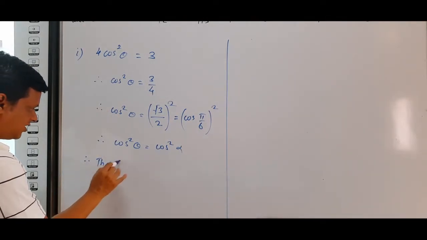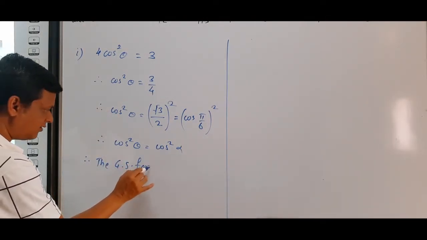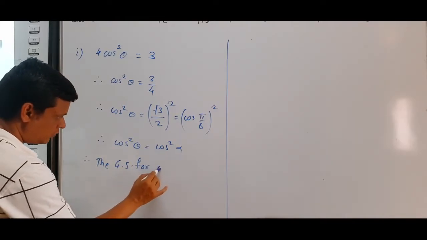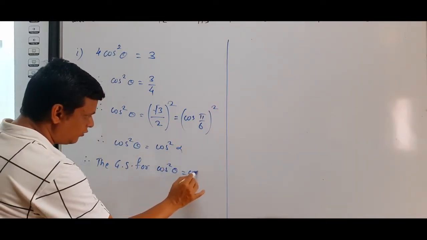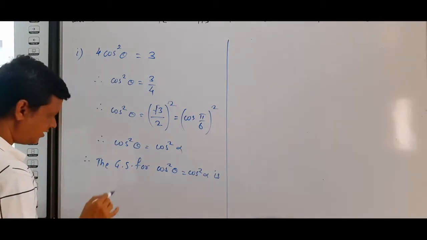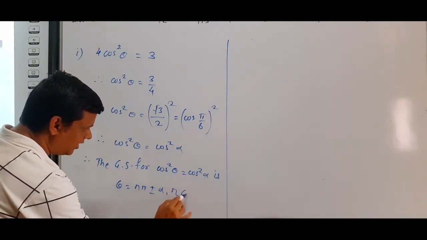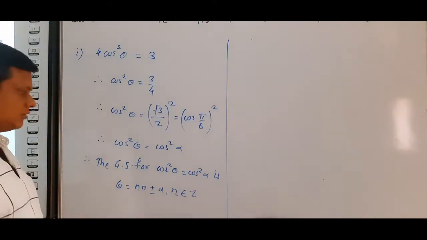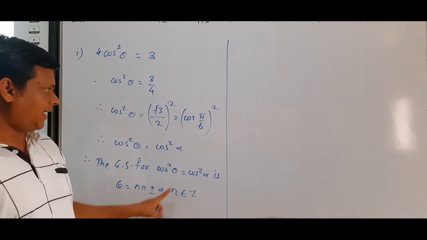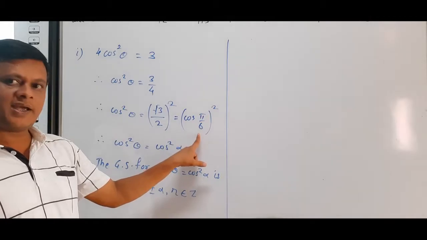Therefore, the general solution for cos square theta equal to cos square alpha is theta equals n pi plus or minus alpha, n belongs to z. So instead of alpha, in our problem the value is pi by 6.